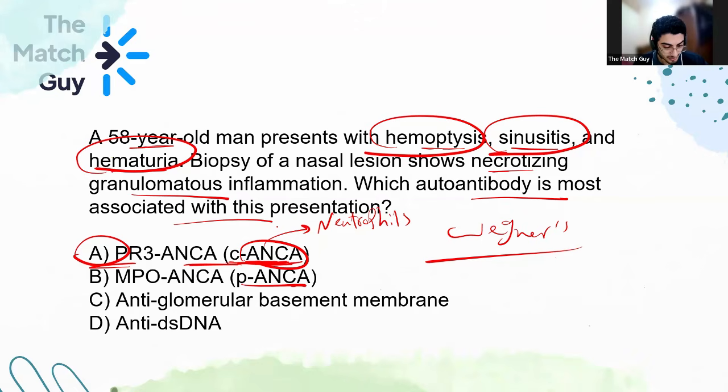So C is also cytoplasmic anti-neutrophil cytoplasmic antibody. Okay. I really don't know P-ANCA. Can someone tell me what P stands for? Okay, Tanya is saying proteinase. Yeah, perinuclear. Yes, peri. I remember that now.